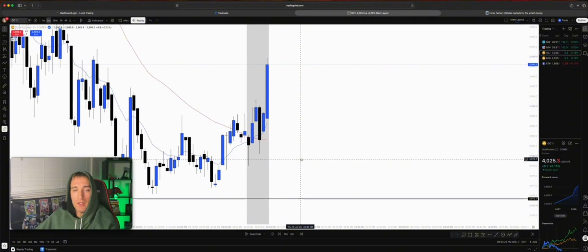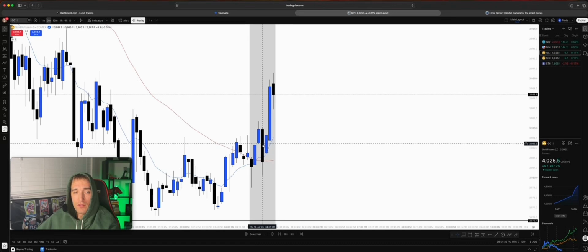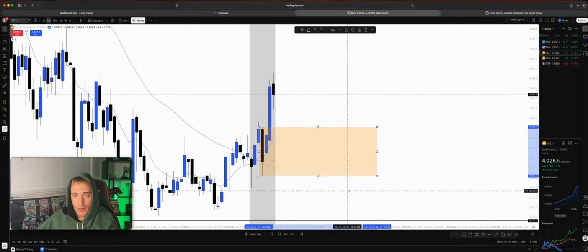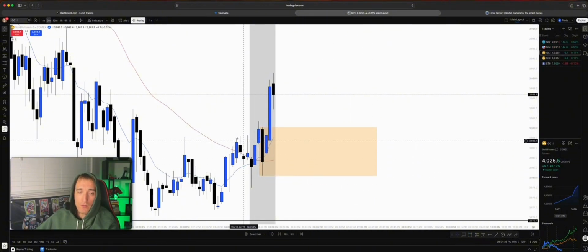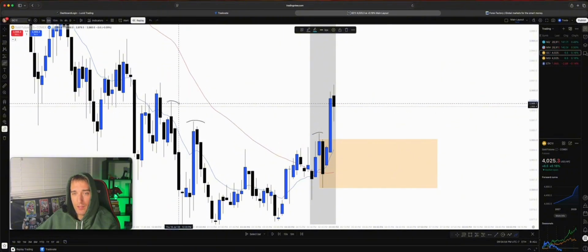Okay, so immediately we're just getting a push to the upside. So now I'm looking at this black candle here, this bearish candle, as a demand zone. We have a nice push up out, which is breaking this last high here. It broke this high, it broke this high, and basically matched this high.